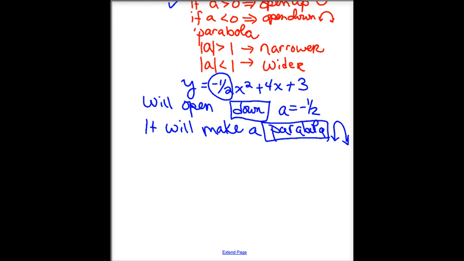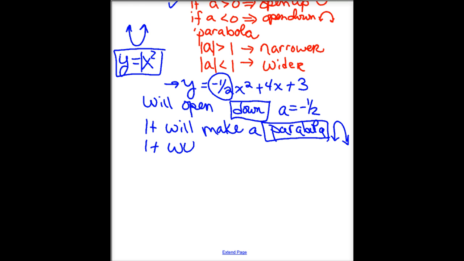Then the next thing is, is it wider or narrower than what we call the parent function? The parent function is just this average Joe Blow one without any numbers really attached to it. It's just got a 1 right here. And because I've got a half, the y's, which give you your height, will be squashed down to 1/2 of what they would be. It's going to make it wider.